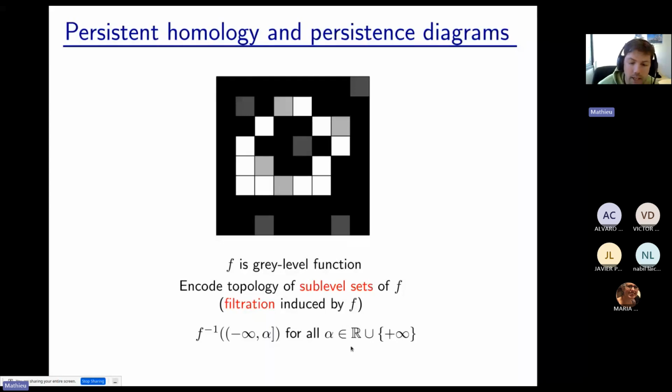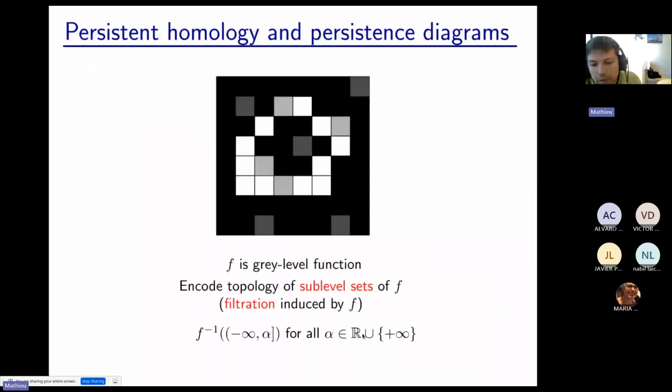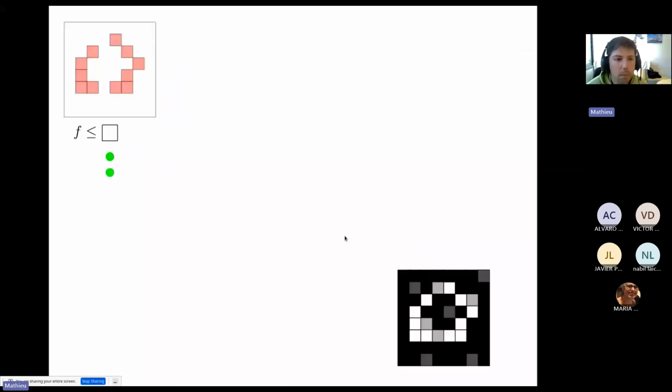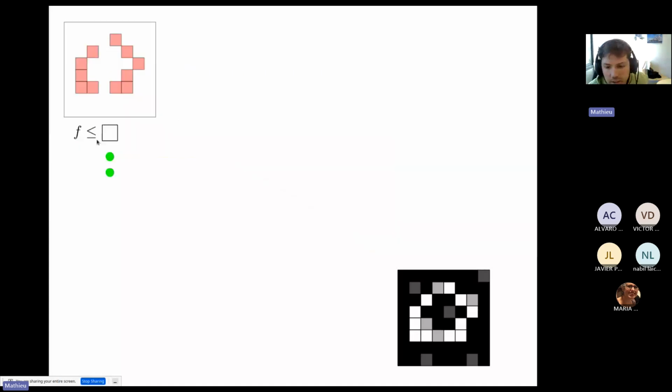And we will make this alpha increase from minus infinity to plus infinity, so going from very bright to very dark. At the beginning, if I just look at the pixels whose value is at most white, I just have the brightest pixels. In terms of topology, I see two connected components.